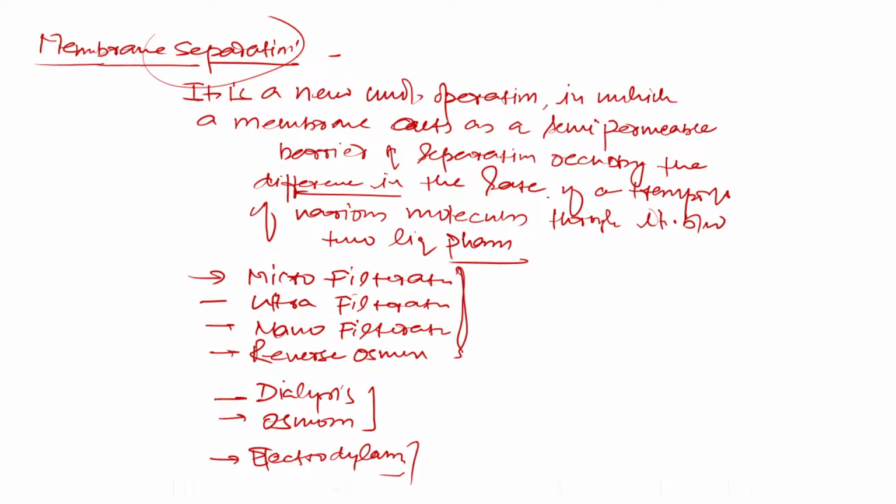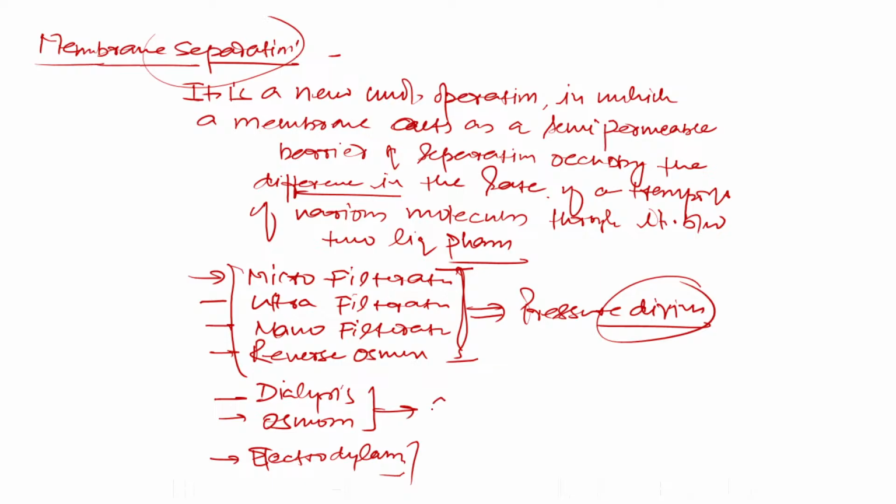These are the different membrane separation techniques used to separate components from one phase to another phase. The examples that I read here are pressure driven. Pressure driven means their driving force is pressure difference. These are concentration driven. And these are electrochemical driven, with electrical potential difference.